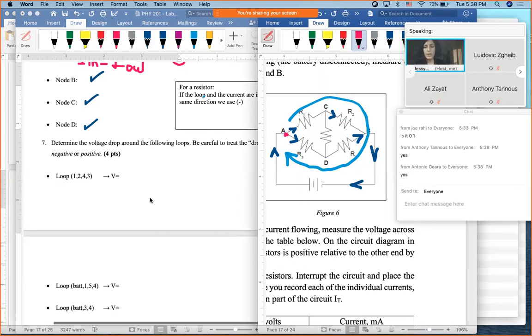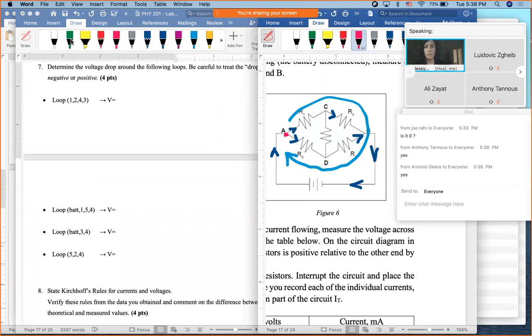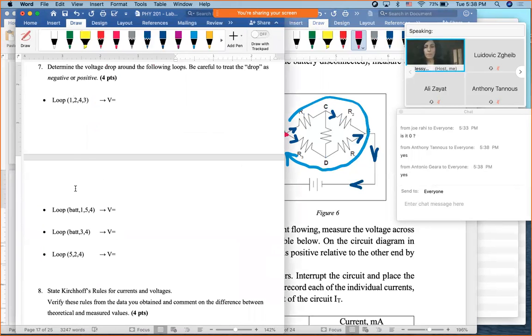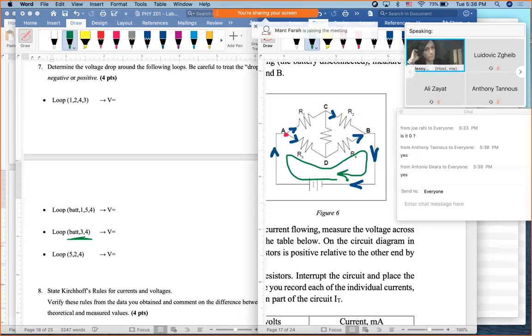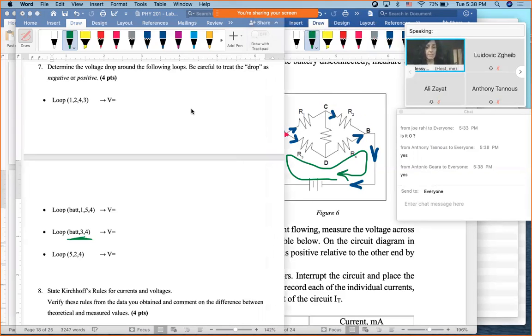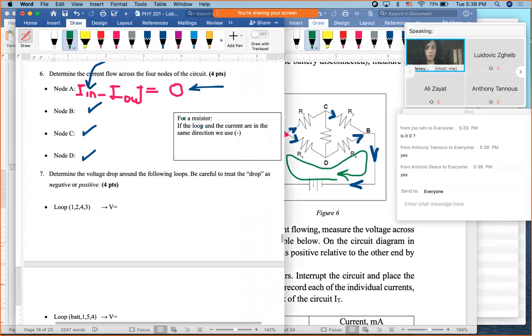Now let us try an example where you have a battery. So battery 3, 4. I'm going to go to this one and I'm going to remove the loop and pick another loop, battery 3, 4, and come back. This is also clockwise. In a battery, the opposite would happen.